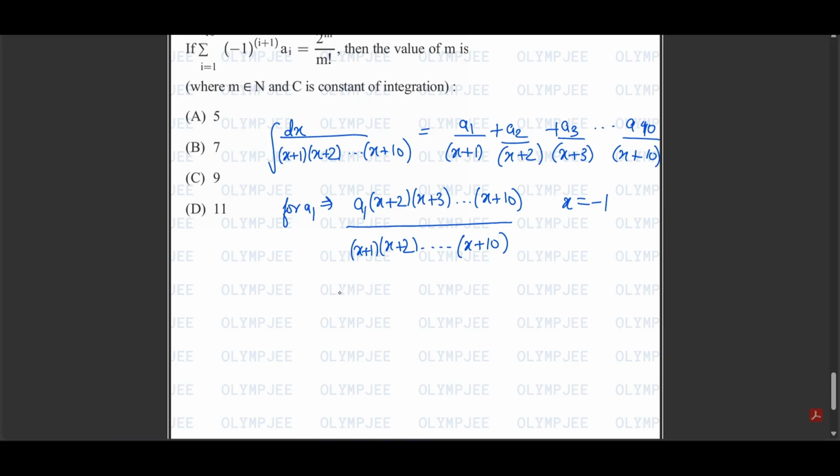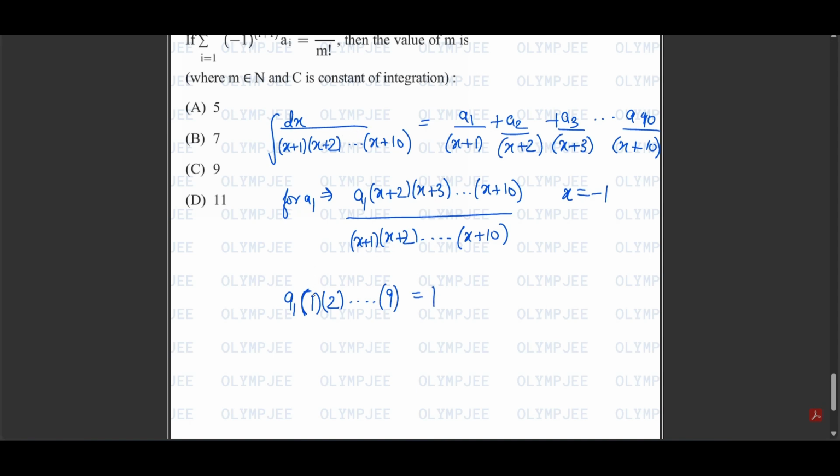So a1 multiplied by, if we put minus 1, this will be 1, this will be 2, and so on till 9 is equal to 1, right? Because 1 is remaining in the LHS. So a1 will become 1 by 9 factorial.